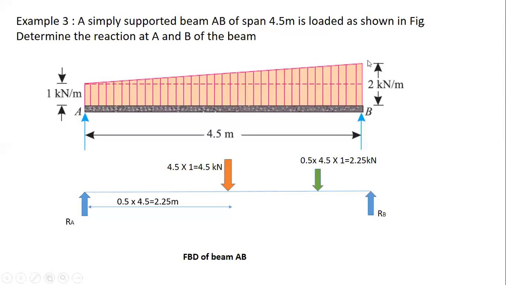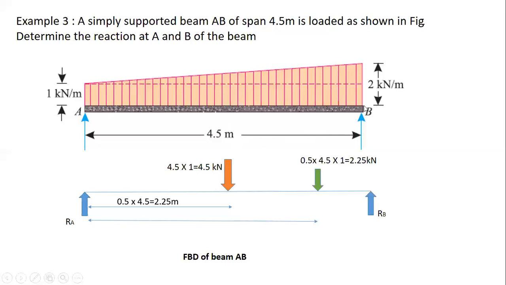If you consider from the hypotenuse end along the x-axis, the distance will be 2 by 3 of the total distance. What is the length here? The length is 4.5 meter. From this end, it is 2 by 3 of 4.5.